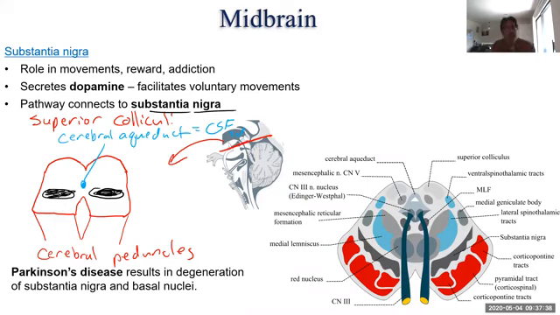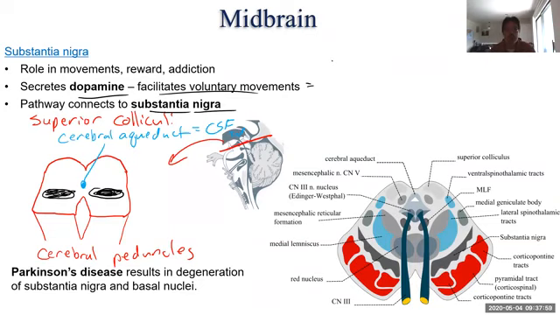You guys may be familiar with dopamine as a feel-good, sense of well-being neurotransmitter. But in different parts of the brain, it does other things. And in this area, it helps facilitate voluntary movements. It basically allows you to initiate and terminate movements, to start and stop movements.